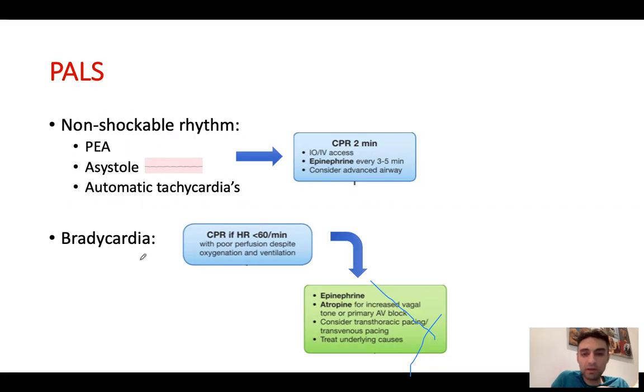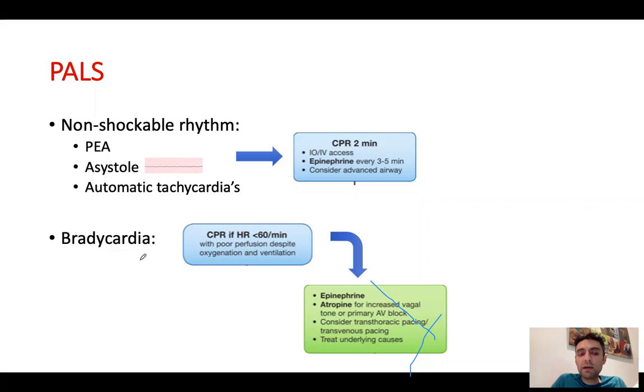For example, if someone is having PEA, pulseless electrical activity, meaning he has a nice organized ECG but he has no pulses, you should not shock him, because there is normal electrical activation or organized activation, but there is no cardiac output. So there is myocardial disease, that there's no contraction. Okay, not because there's electrical disease, just the myocardium is very sick. If you have asystole, of course you should not shock anyone who is asystolic.